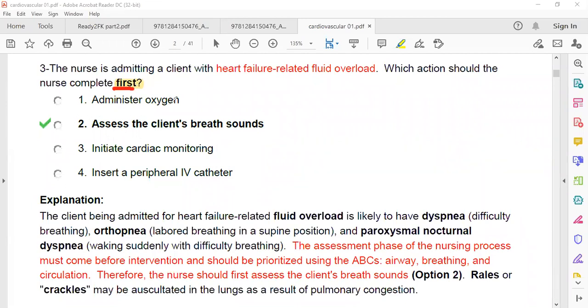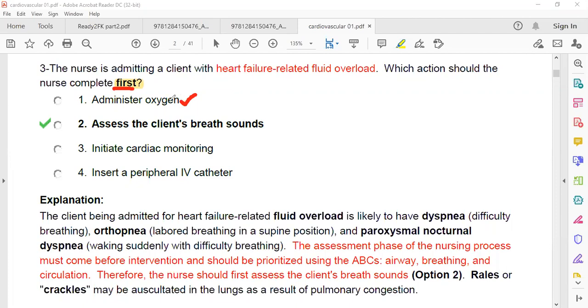Administer oxygen. It is very important. A patient who has heart failure and fluid overload may have shortness of breath, so giving oxygen is important. Assess the client's chest sounds, but before giving oxygen, you have to check the assessment. If you see the patient does not have any shortness of breath, oxygen saturation is okay, at that time you do not need to put on oxygen.